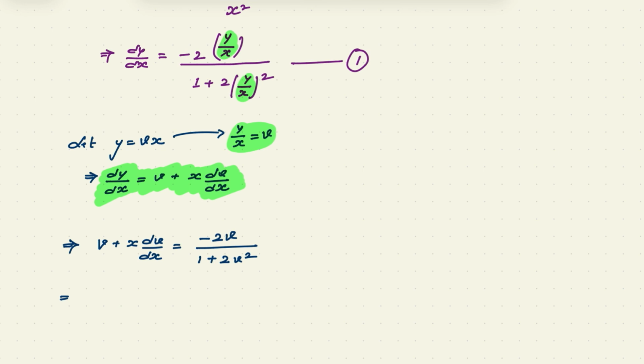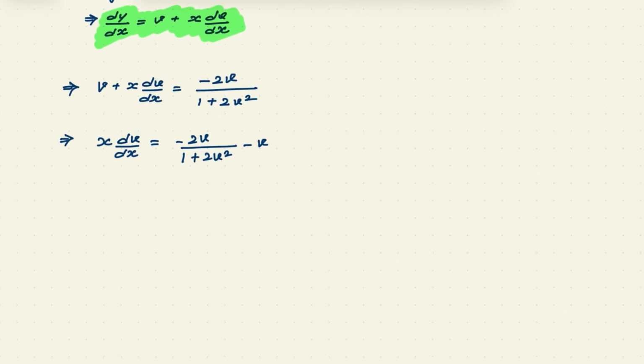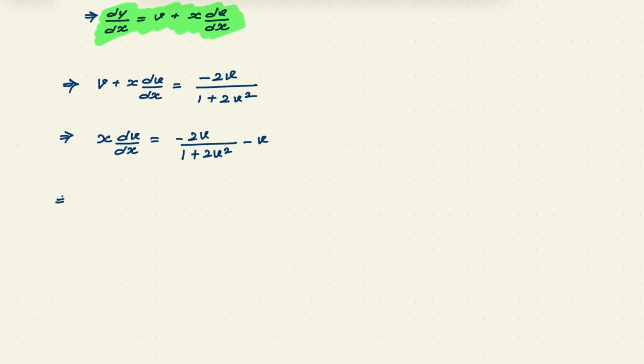So now let us try to separate the variables. x into dv over dx equals minus 2v by 1 plus 2v square, minus v. Let us take LCM on the right hand side. Then we have x into dv over dx equals (minus 2v minus v into (1 plus 2v square)) whole divided by 1 plus 2v square.